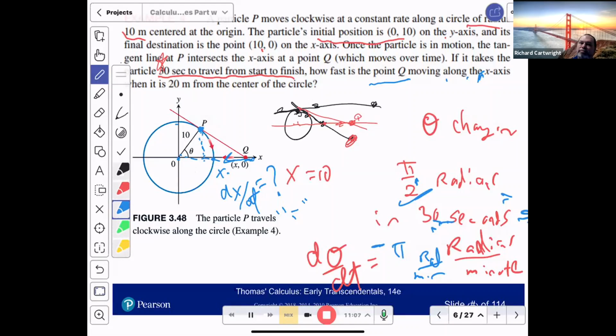I want to know what that rate of change is from the start to here. Because if point P gets to here, then point Q is here. That's start to finish.